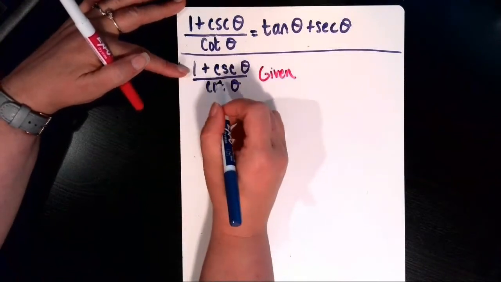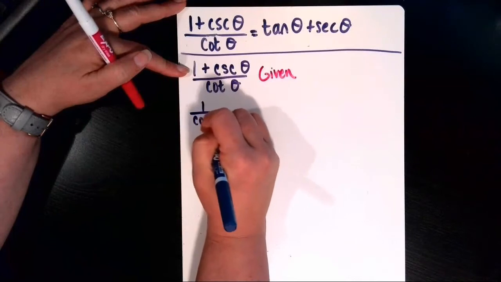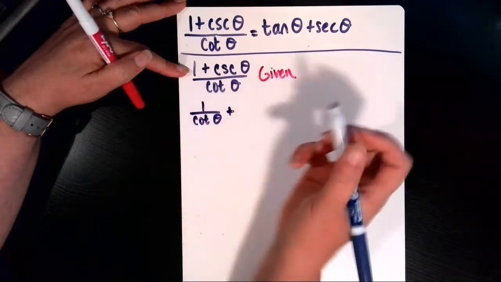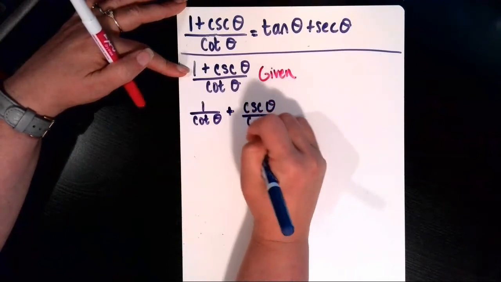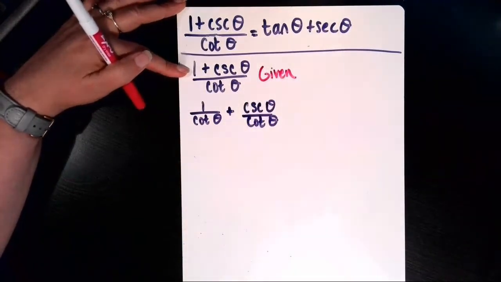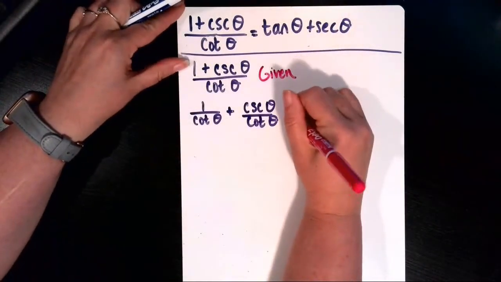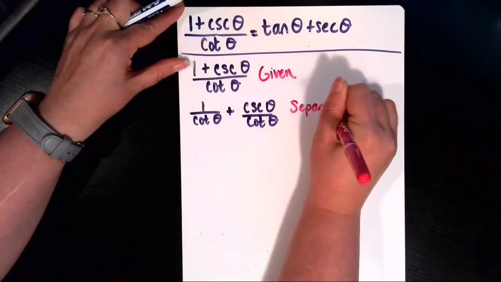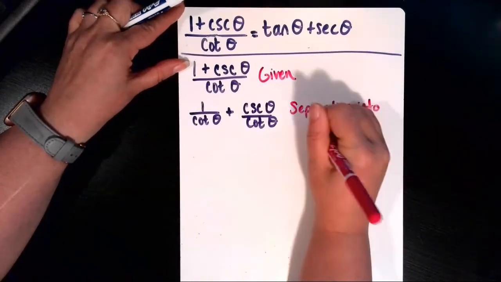So I can go ahead and break that apart into 1 over the cotangent of theta plus the cosecant of theta divided by the cotangent of theta. And that is separating into two fractions.